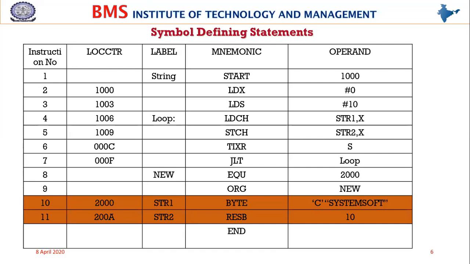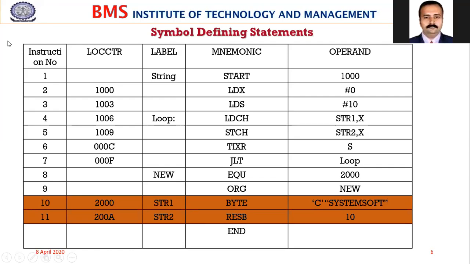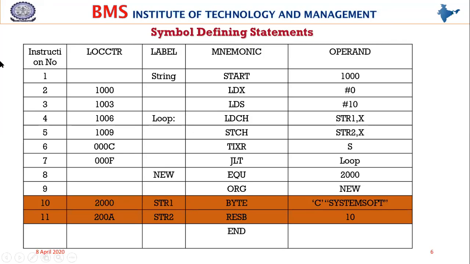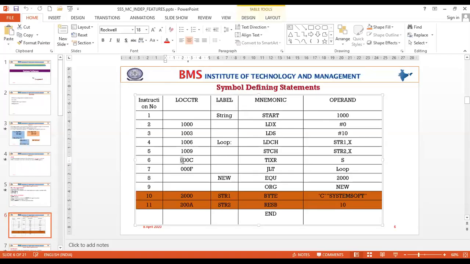At 1006 we have LDCH. At 1009 we have HDCH. One second, let me make the correction. Okay, this is supposed to be 100C and 100A. Okay, right.